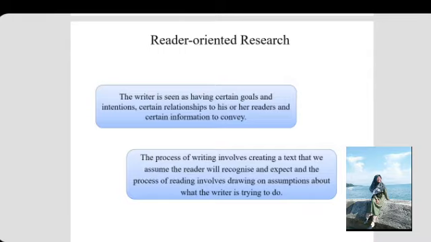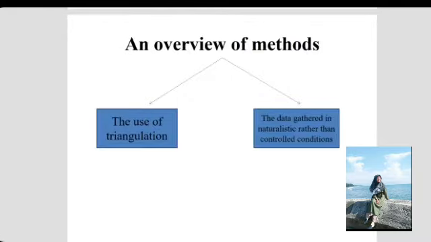And the next slide is an overview of methods. This part is about the most commonly used methods in researching writing. Much writing research combines several methods, often both quantitative and qualitative, to gain a more complete picture of a complex reality.